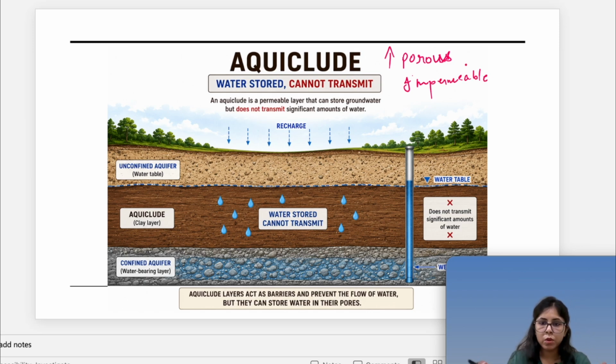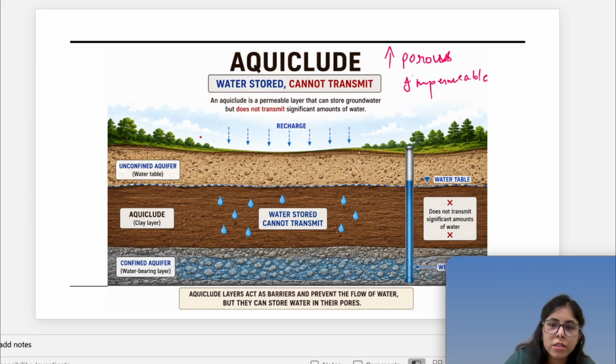So even if water is there inside it, it's impermeable. That means we can't drain the water from it. These are known as aquicludes. Water can come inside and stay inside, but water cannot flow from it. So we can't use aquicludes that much.